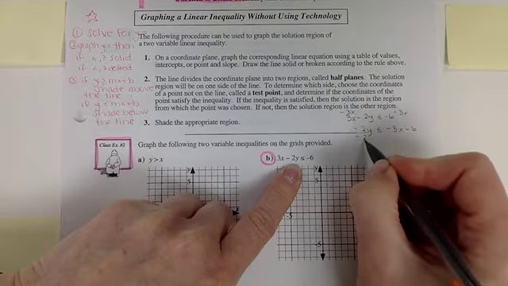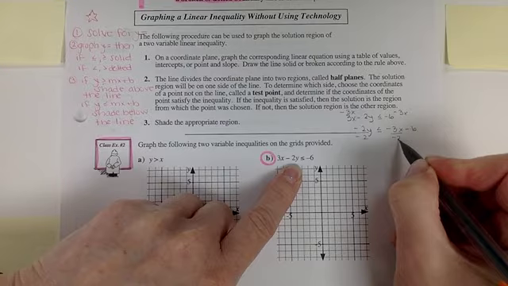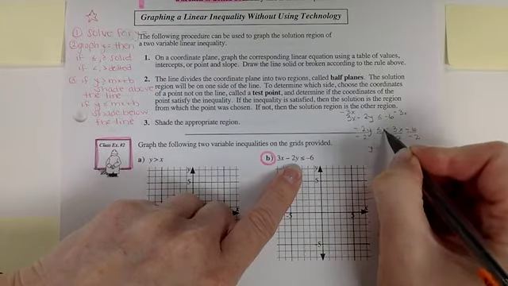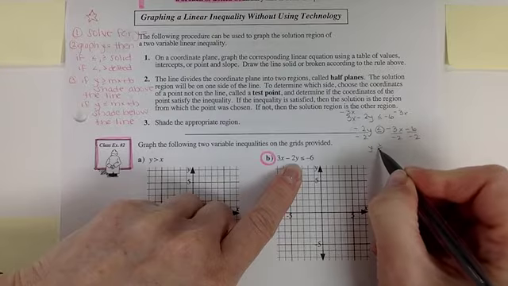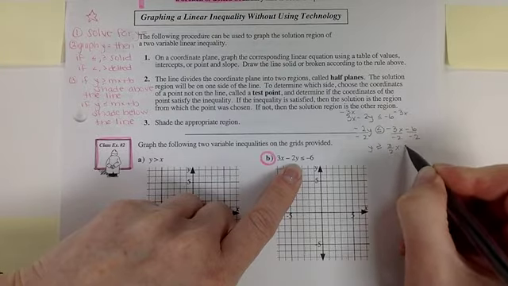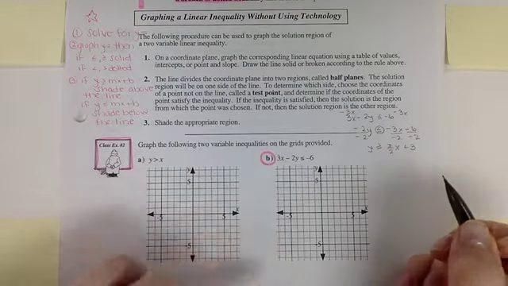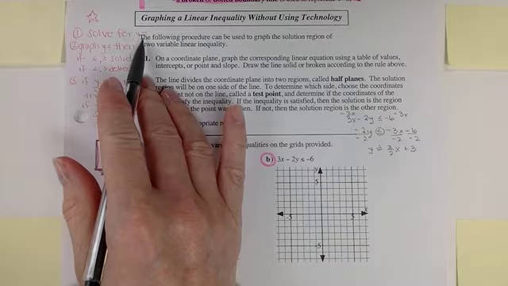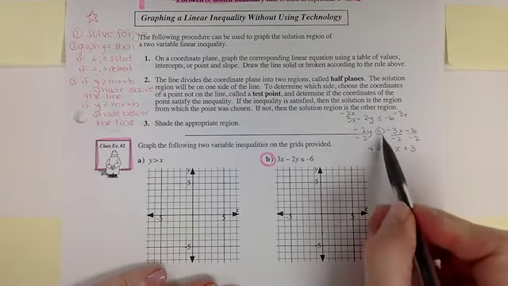Divide by -2. Y is greater than or equal to 3/2 x plus 3. So we've solved for the y equals, and by y equals I mean y and then whatever comes with it.